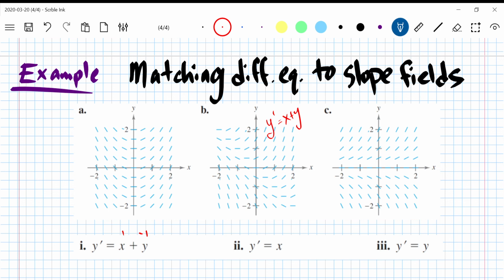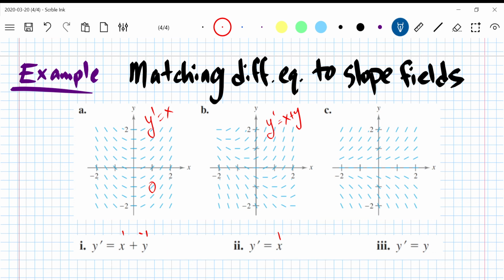There is no y value in this one, so I'm not going to plug in the y value. So I've got y prime equals 1, and there's nothing else. So a slope of 1 is the final answer. And it looks like the graph on the left matches up with that. So right here I've got a slope of 1. So this one is y prime equals x.